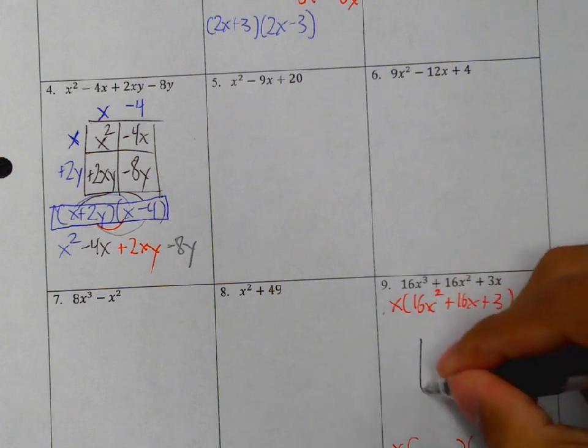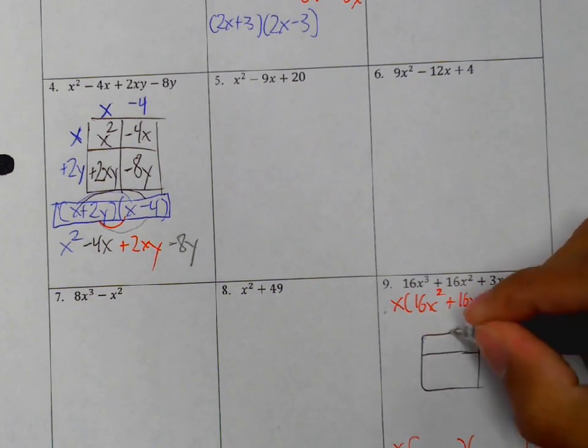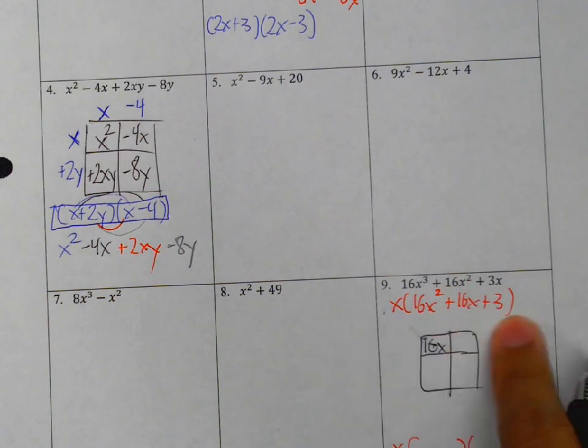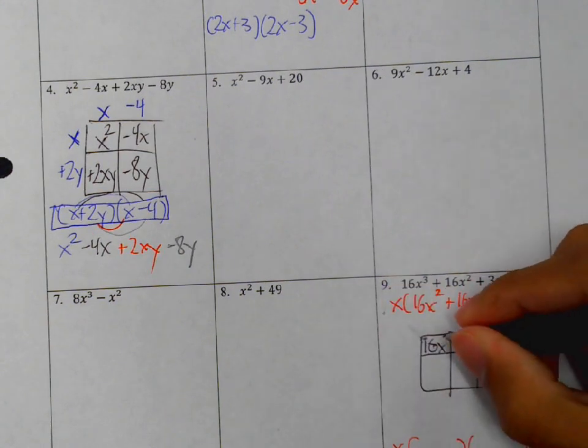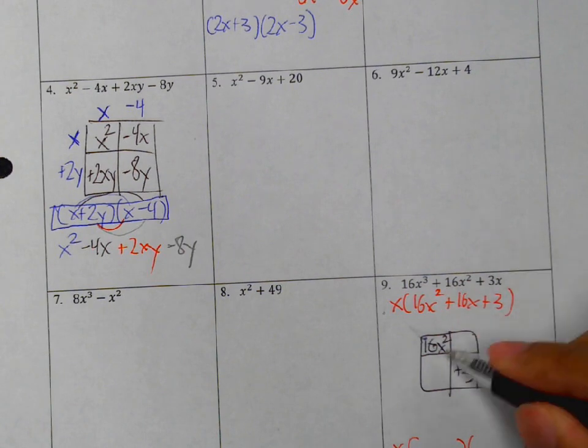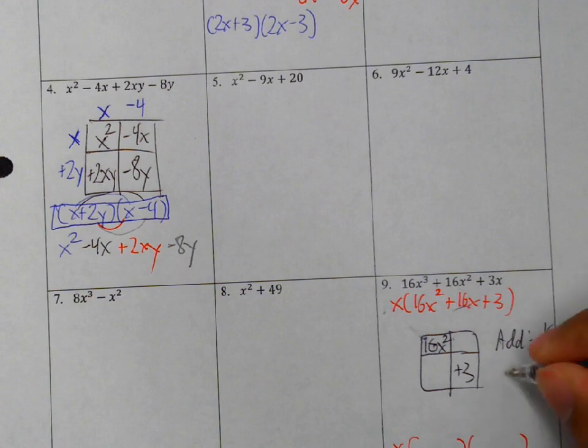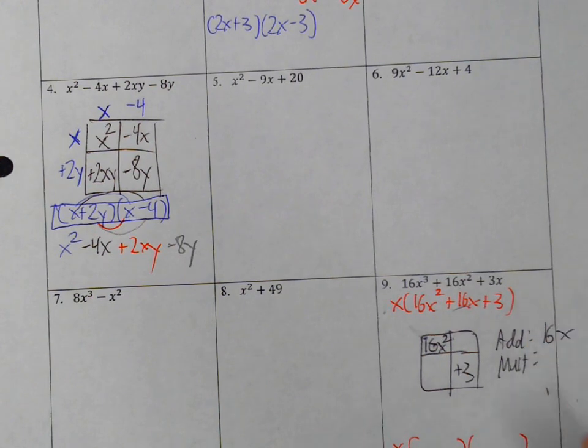Let's see what we can do. So again, we're factoring the new quadratic, not the original. The 2 missing boxes must add up to the middle term of 16x, and they must multiply to the same product as this, which is 48x squared.